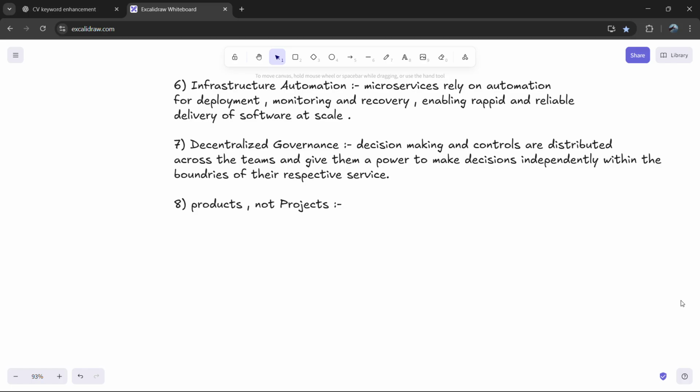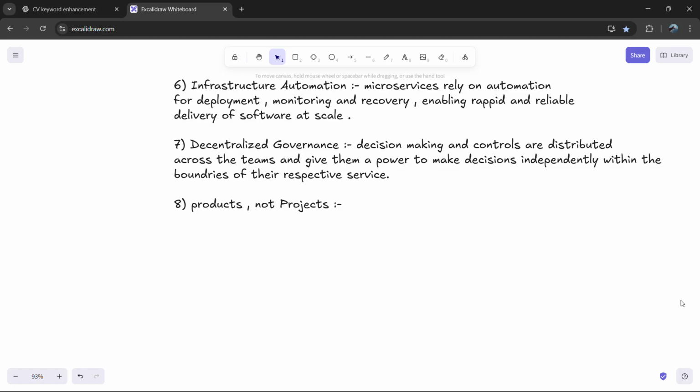Suppose we take the example of a payment service. A payment service is not just developed once and left. It keeps evolving with new features like UPI, wallet integration, or international payments. Treating services as a product ensures that they remain useful and up to date with changing business needs. Teams are dedicated to owning and managing their service like a product company manages its product.